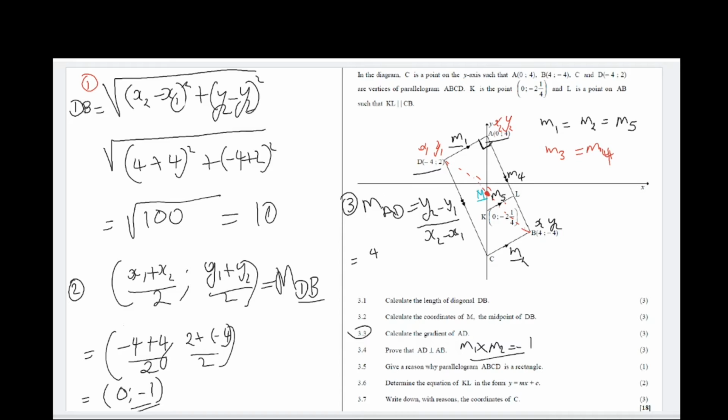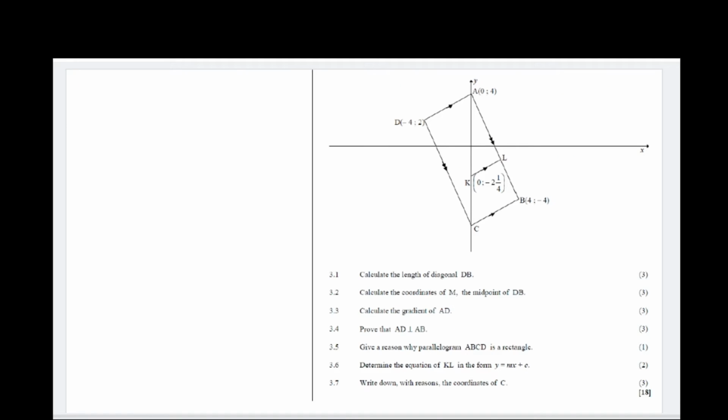That's y2 is 4, y1 is 2, then x2 is 0, then x1 is negative 4. So what is the gradient for this line? 1 over 2. So we found that MAD is equals to 1 over 2.